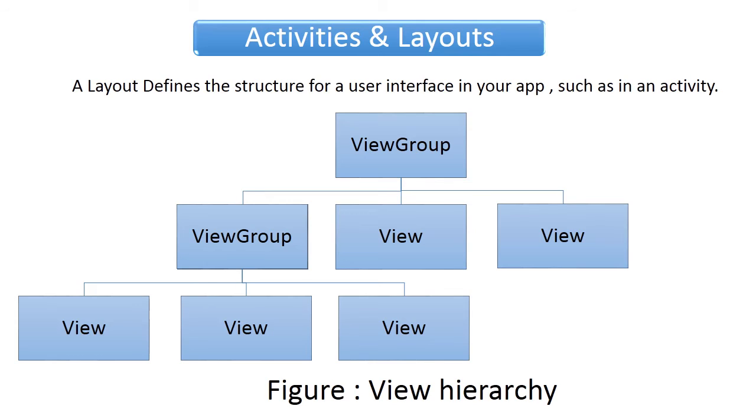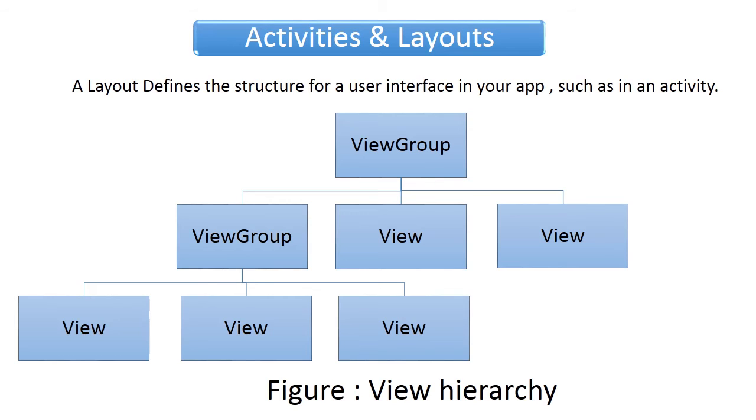A view usually draws something the user can see and interact with, whereas a view group is an invisible container that defines the layout structure for views and other view groups. This is shown in the figure.